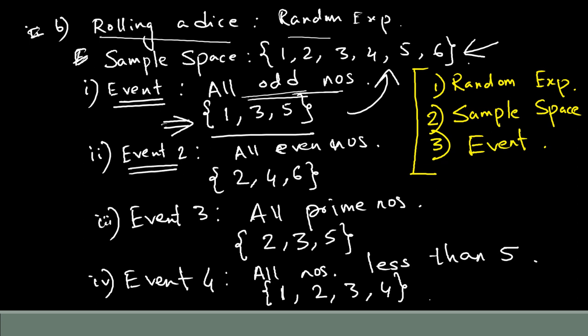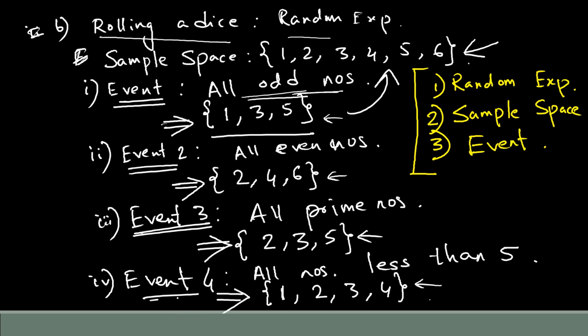For event 2, the favorable outcomes are basically this set 2, 4, 6. For event 3, the favorable outcomes are this set 2, 3, 5. I was not using the term favorable outcomes while describing these sets only because I hadn't introduced it at that time. For the event all numbers less than 5, the favorable outcomes are 1, 2, 3, 4.